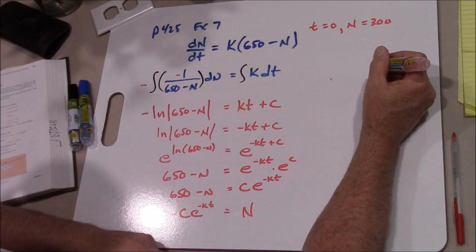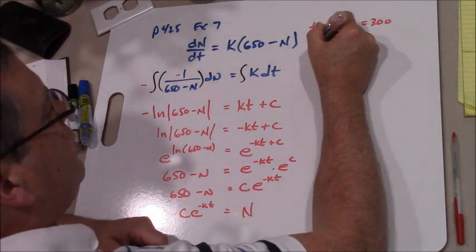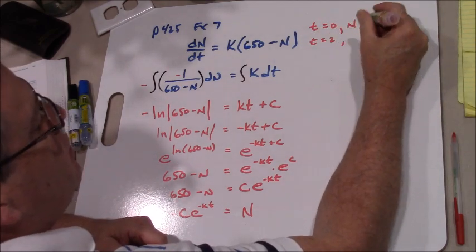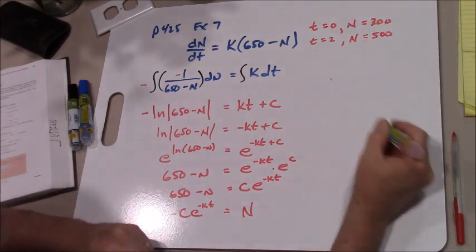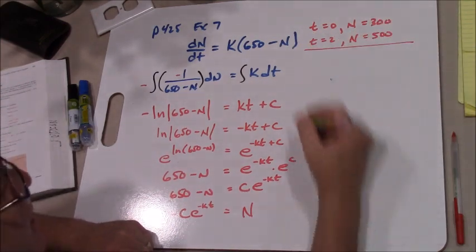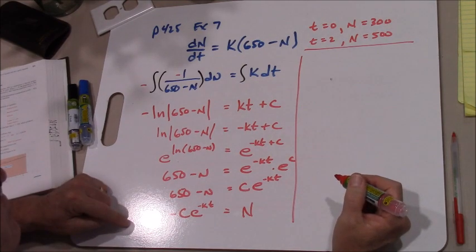And when t equals 2, the population had increased to 500. So when t equals 2, population was 500. So now I've got to use that information to try and continue on with this problem.